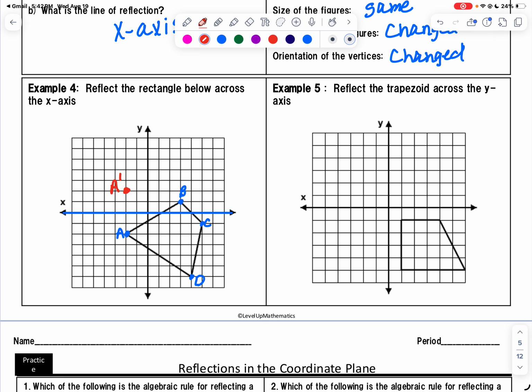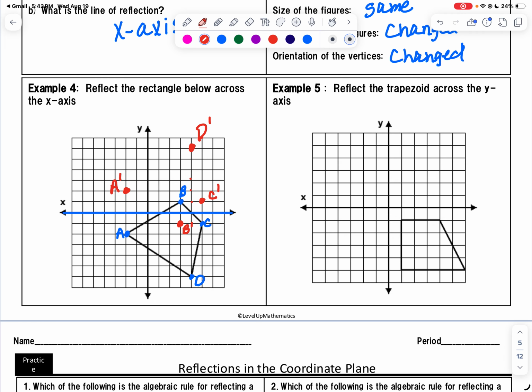Notice it is originally 1 unit above the x-axis. So B prime must be 1 unit below the x-axis. All right. C is 1 unit below, so C prime must be 1 unit above. And then D was 1, 2, 3, 4, 5, 6 below. So it's going to be 1, 2, 3, 4, 5, 6 above.